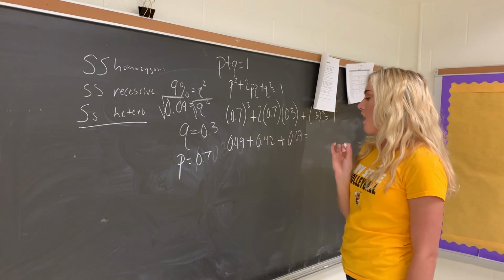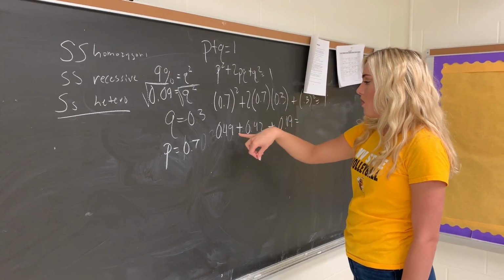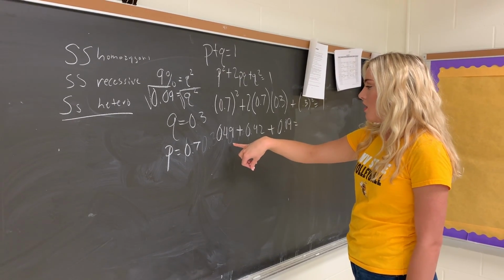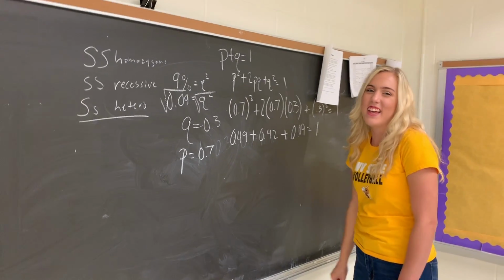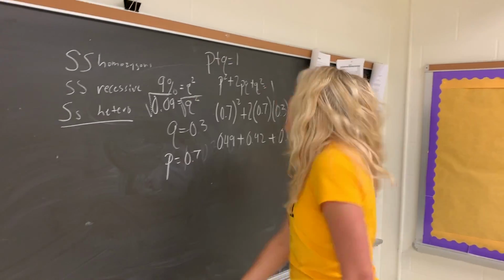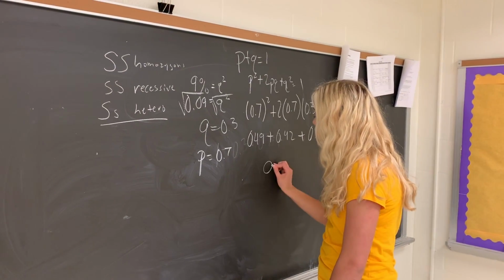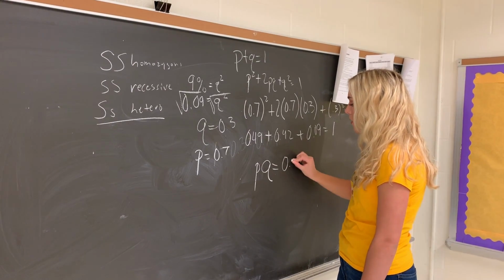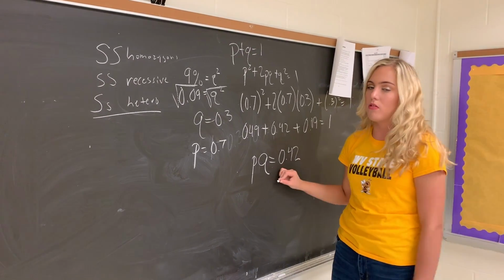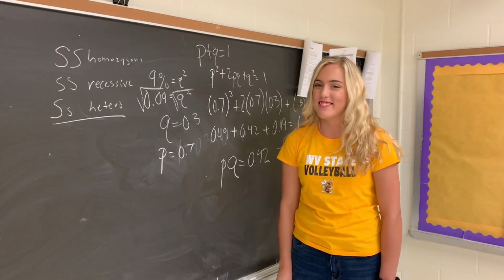If you add all those together, 0.49 plus 0.42 is 0.91, plus 0.09, which equals 1. But since you've solved for all of it, now you can just say that the heterozygous 2PQ is 0.42, and that's the frequency for the heterozygous. That's it. Yay!